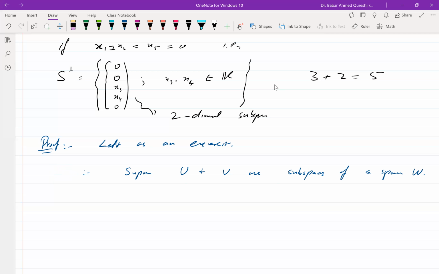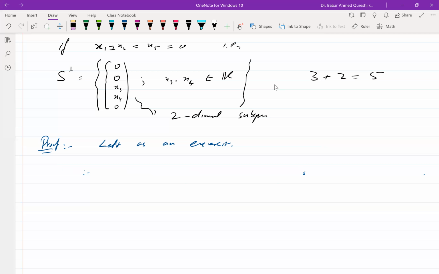Or I could have put it as part of the previous theorem.